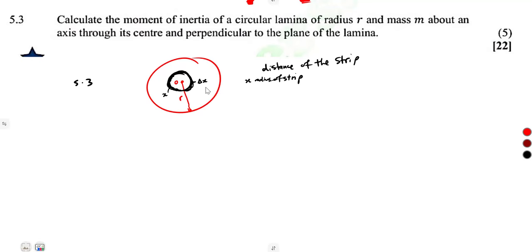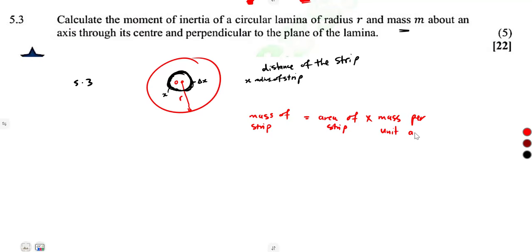Then from here, you must calculate the mass of the representative strip. The mass of strip is equal to the area of strip times the mass per unit area.